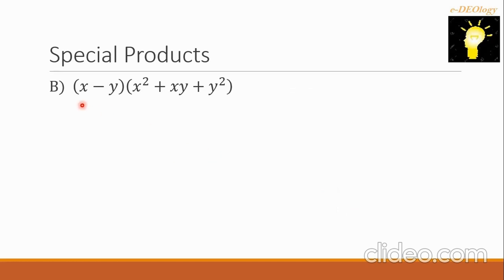Let's go now to the second type of special product. We have this binomial x minus y multiplied by the trinomial x squared plus xy plus y squared. In the books, you will find that the special product for this is a binomial which is equal to x cubed minus y cubed.